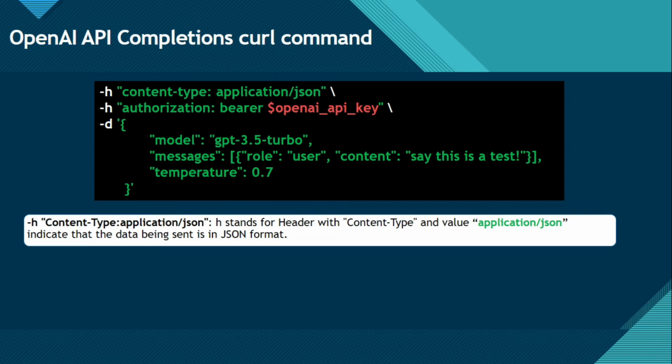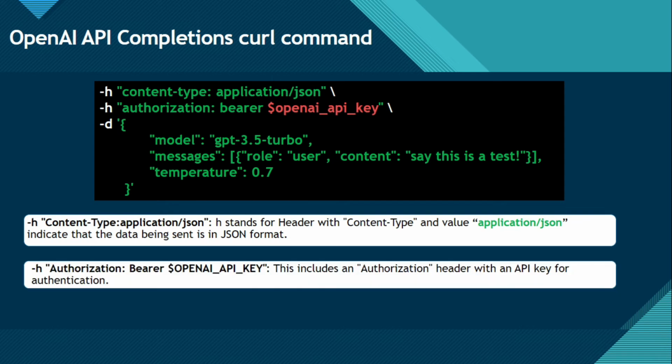This indicates that the data being sent is in JSON format, so we are going to send the data to the API server in JSON format. Now Authorization: Bearer OpenAI API key. This includes an authorization header with an API key for authentication.